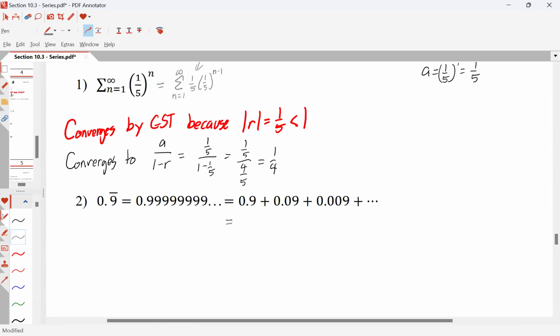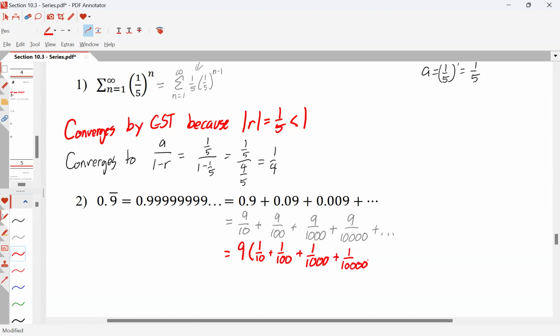So rewriting this series, we have 9/10, plus 9/100ths, plus 9/1,000ths, plus 9/10,000ths, and we would go on. All of these have a 9 in them, so I'm going to pull that 9 all the way out. And then I'd have 1/10 plus 1/100th plus 1/1000th plus 1/10,000th, and so on.